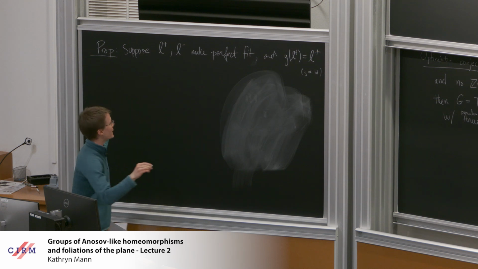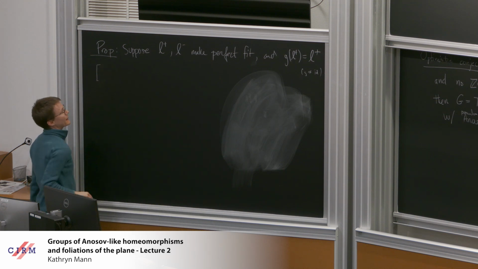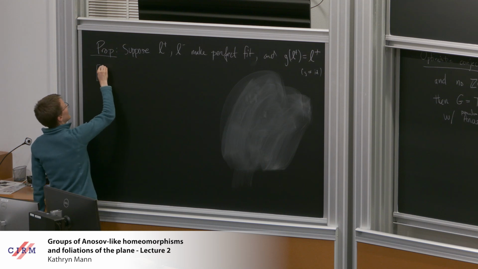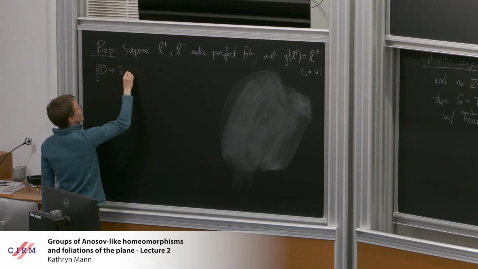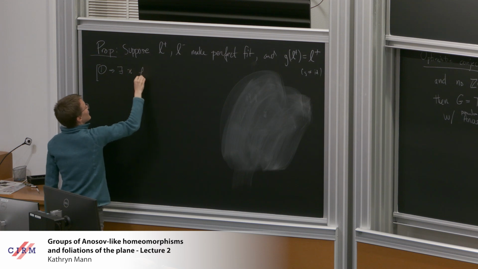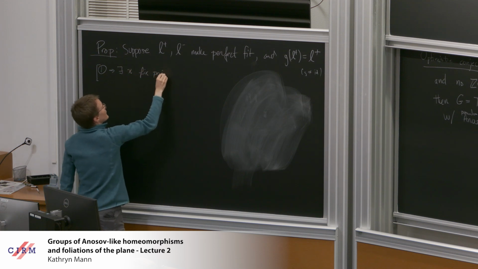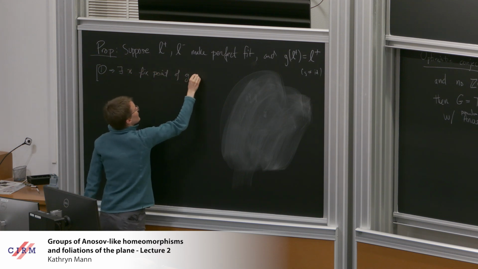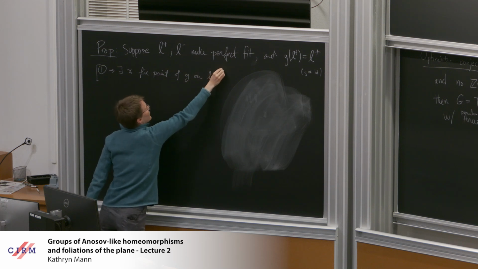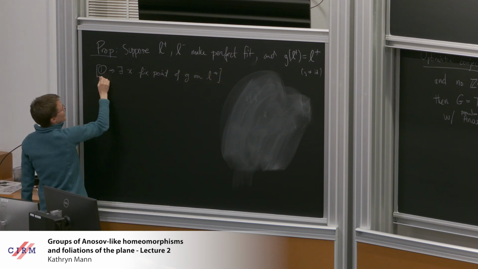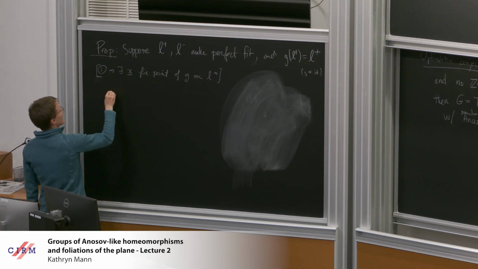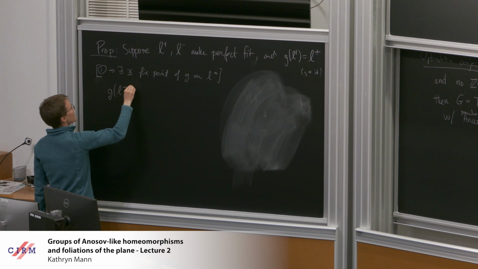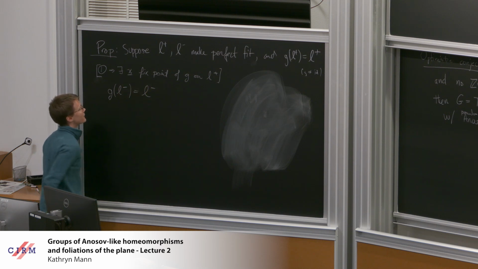So let me write this part for free, and we'll remember we don't have to prove it. Point 1 says that there exists a fixed point for G on L plus. I'm going to name this X. Something we do have to prove is that I claim that G also fixes the leaf L minus.